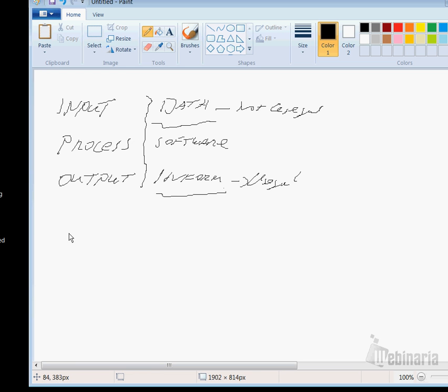If you have a shopping receipt, you have a series of products down one column and a series of prices down the next. So you may have a DVD and you'll have its price. You may have pizza and you may have its price, and then you'll have a total. Now, by itself, this is just raw data. Here's a product, and here's the price for that product. Not very useful by itself.